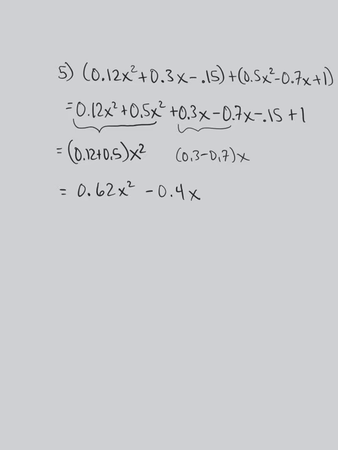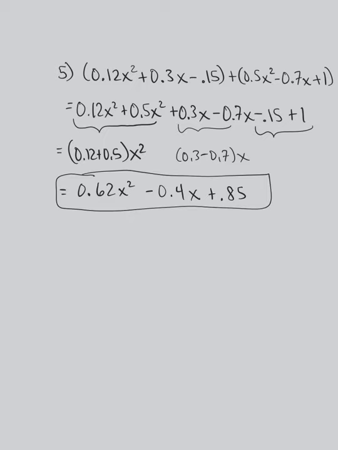And then same thing here, you have minus 0.15 plus 1. That's going to give you plus 0.85. All right, and so that ends up being the answer to that. And you can just as easily do this one vertically. I'm just seeing that this video is starting to get long, and so you just line things up with power.